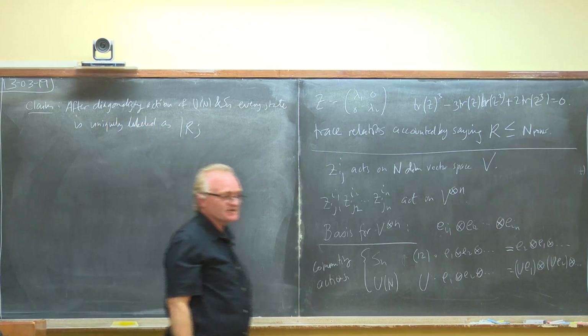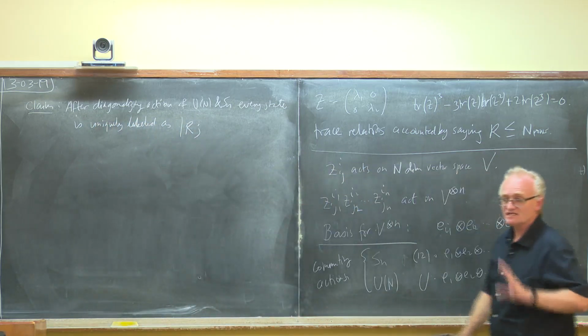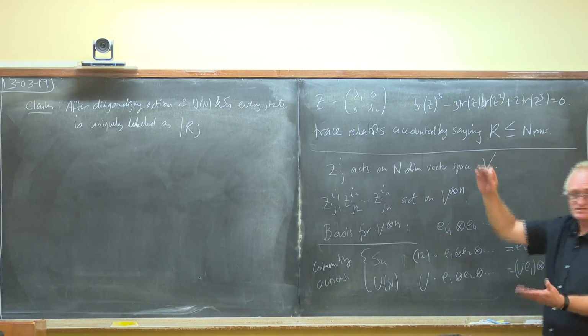so we'll have some Young diagram R. R has got n boxes, no more than n rows.